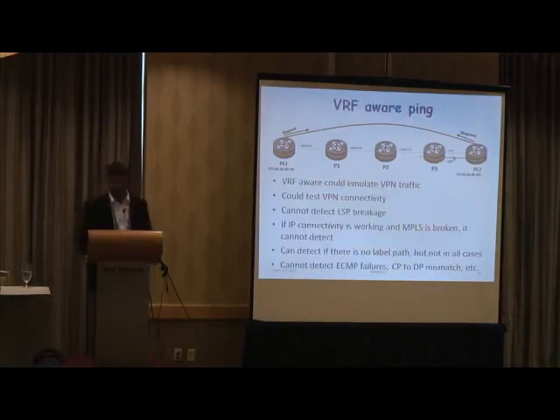In the case of VPN aware ping, which is the next level of debugging, it actually emulates the VPN traffic. You encapsulate the packet with the same label stack of the VPN. But in this example, if the LSP between P3 and PE2, the penultimate hop and ultimate hop, is broken, you cannot detect it, because it will just forward the packet and you'll get the response, but the LSP is actually broken.